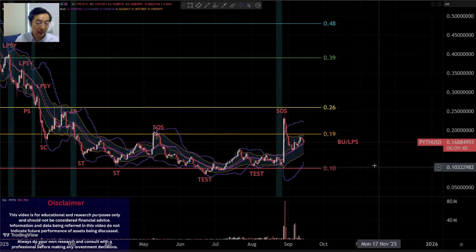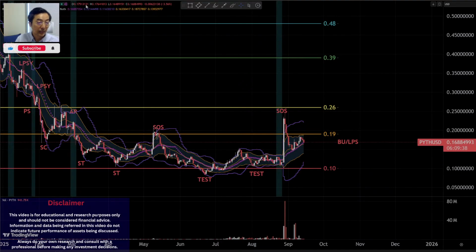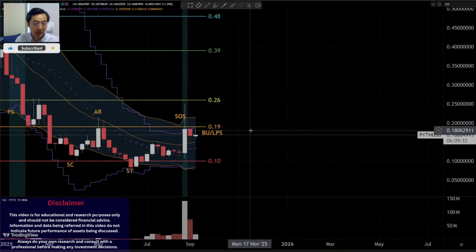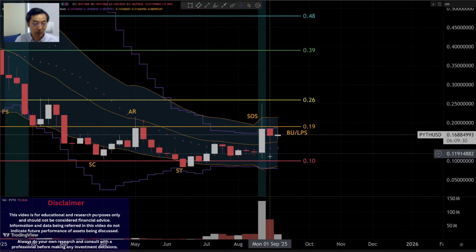We can cross-check this because the daily is basically governed by the weekly. So on the weekly we already see that the squeeze is going on.